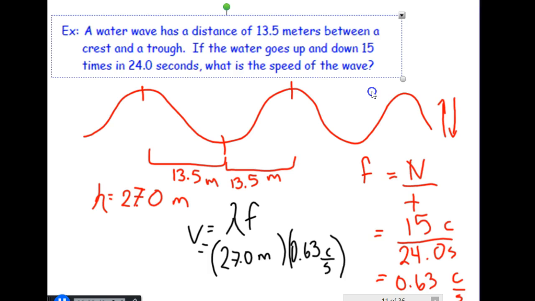How fast is that wave moving? 17 meters per second.